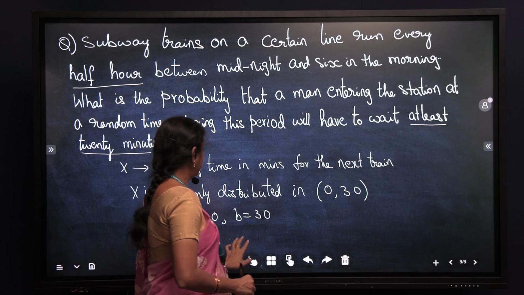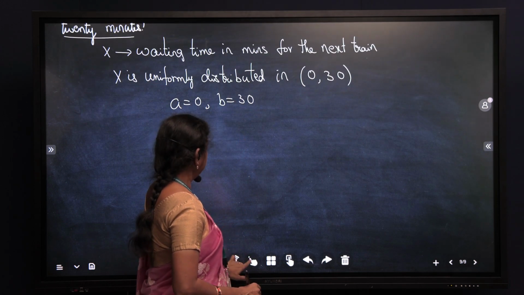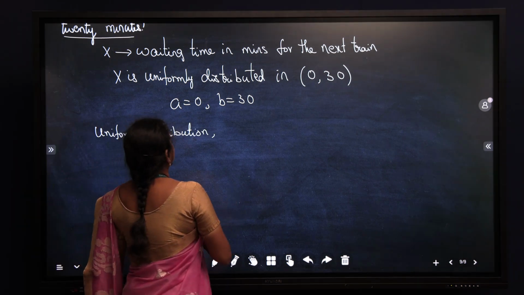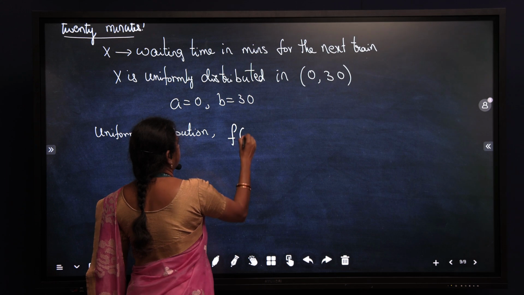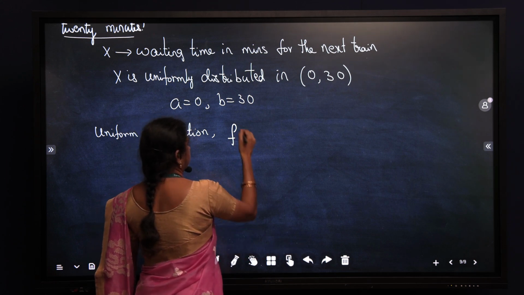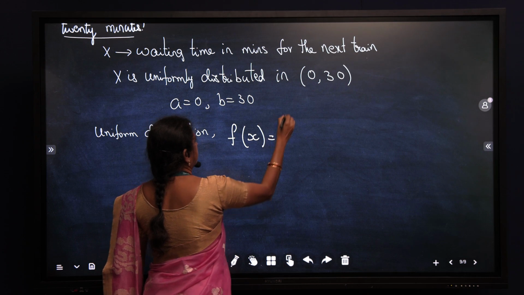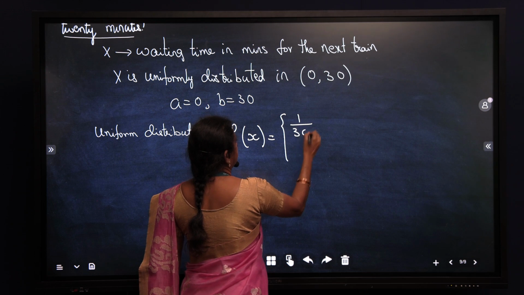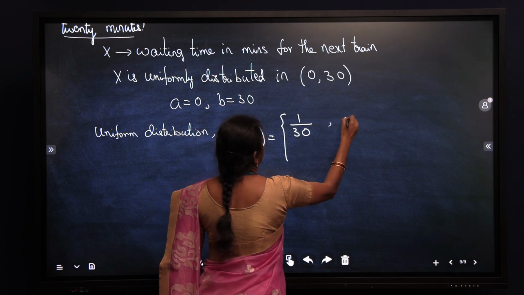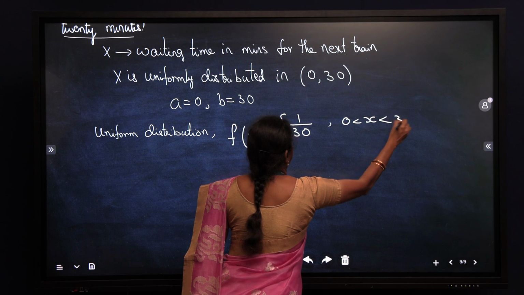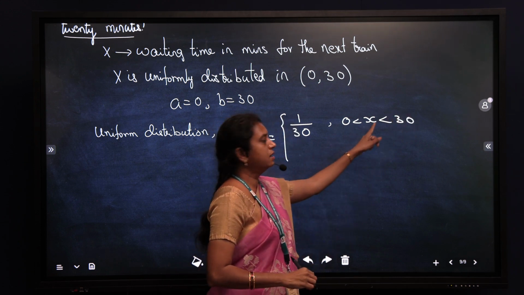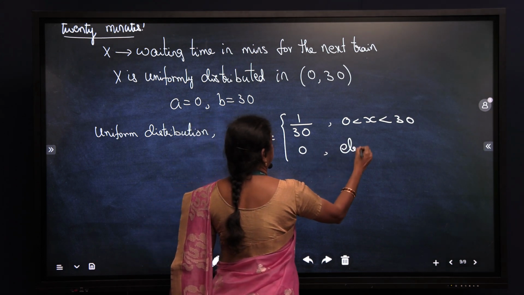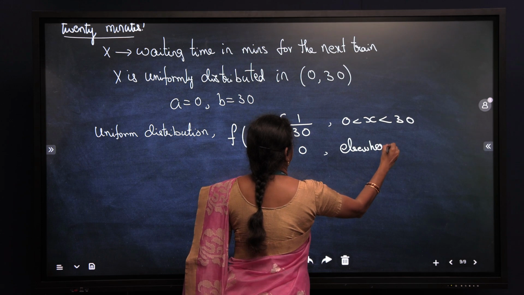Before that we'll define the distribution. The uniform distribution is given by f of x equal to 1 by b minus a, that is 1 by 30 minus 0, which is 1 by 30, for 0 less than x less than 30, right, a less than x less than b, and 0 for the remaining.